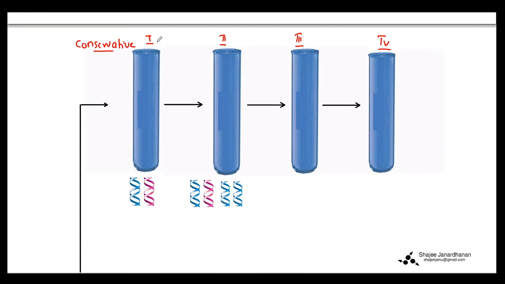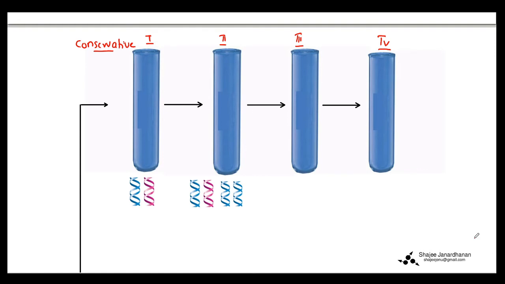So represented here are the samples collected from the first generation, meaning the sample extracted after 20 minutes, the second generation, meaning 40 minutes, third generation 60, and fourth 80 minutes. These are the different tubes that correspond to the DNA extracted at different times during our experiment.